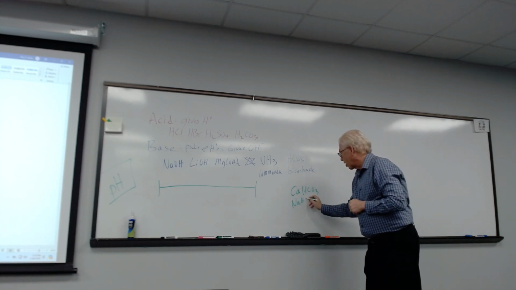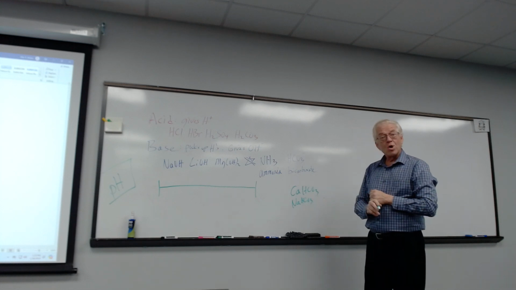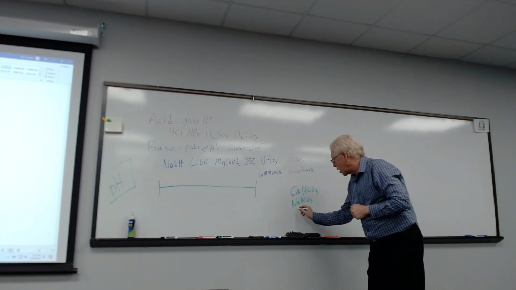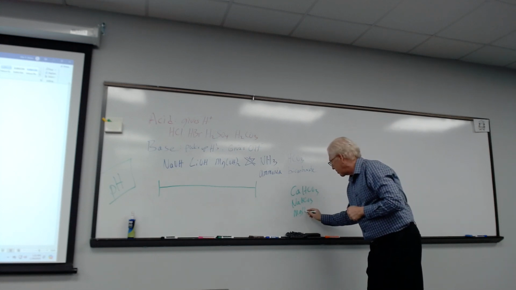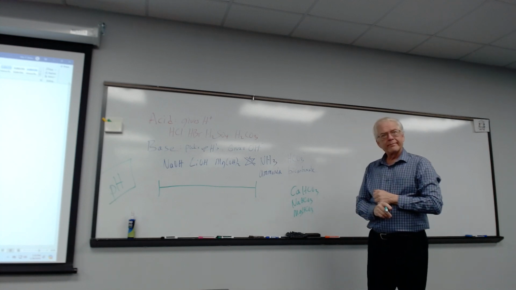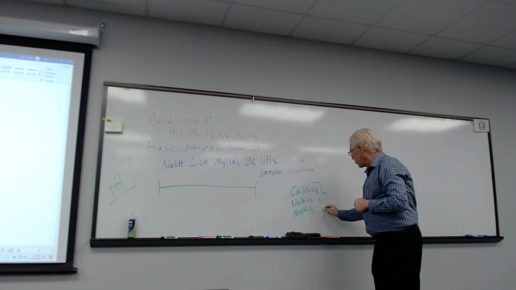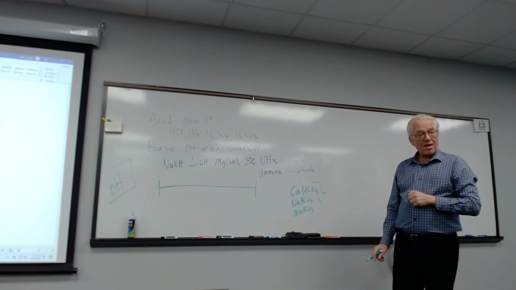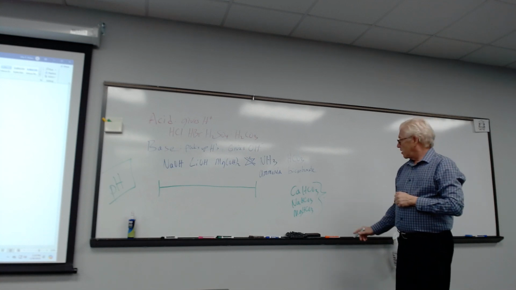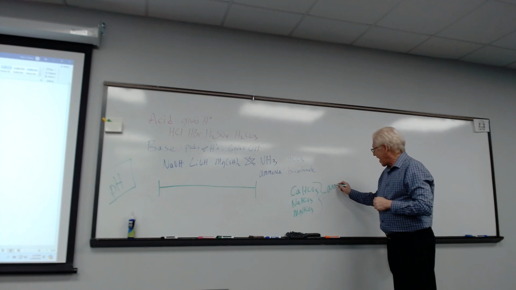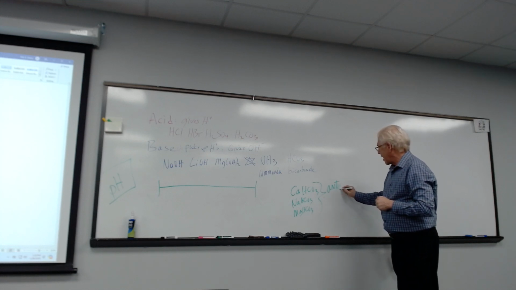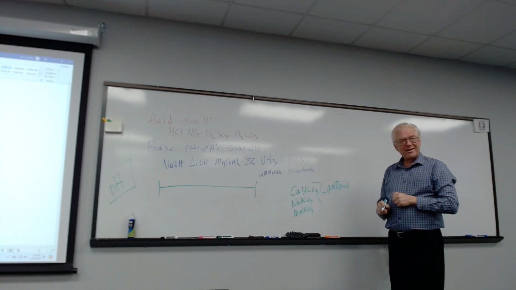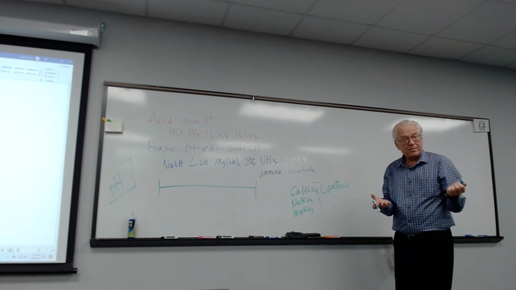Sodium bicarbonate. What's milk of magnesia? Magnesium bicarbonate. And what do we use all three of these things for? Stomach acid. If you have stomach acid, got it? So this is what we call an antacid. It's an anti-acid, it's a base.